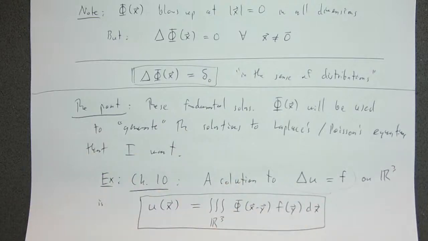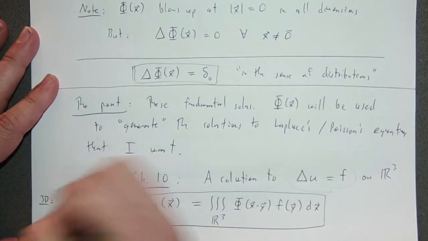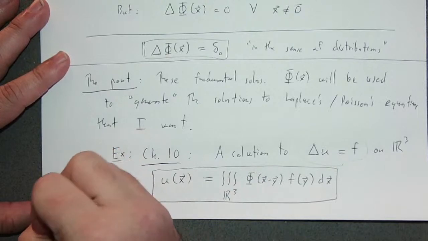You don't have to worry too much about that. Okay. So physically, this phi is referred to as the electrostatic potential or Newtonian potential, at least in 3D. So in 3D, phi is the electrostatic potential.